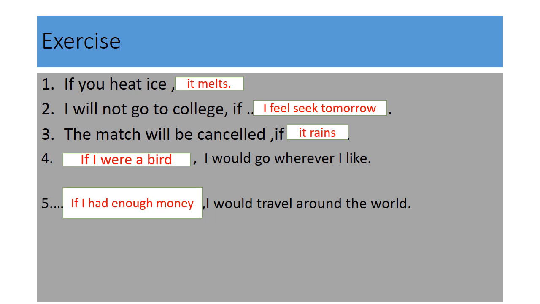Notice here I have used the structure of past indefinite form. Students, please note that it is not necessary that we have to fill the blanks with the words or clauses that I have used. Rather, you can fill the blanks with any other grammatically correct form of words or phrases or clause.